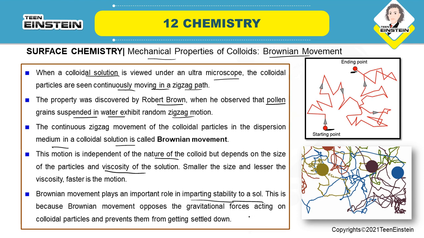So this type of movement helps them to overcome the gravitational force which is acting on these particles, and as a result they will not settle. Okay, so this is the importance of Brownian movement, how it helps in maintaining the stability of the sol. Okay, so that is about Brownian movement.